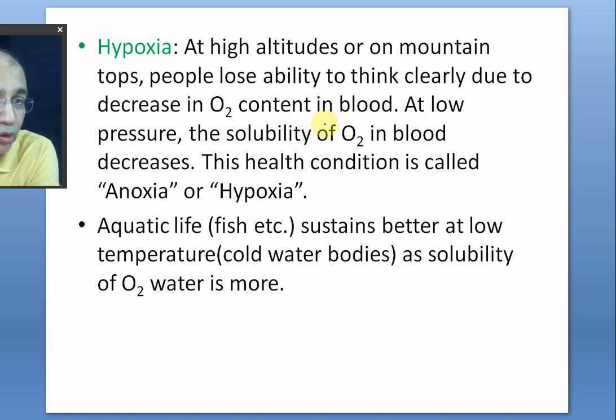More oxygen will go out because the solubility is directly proportional to pressure. Lesser pressure, lesser oxygen content, and low oxygen content in the blood develops a health condition called hypoxia, or anoxia, where one loses the ability to think properly. And aquatic life, fish and other aquatic animals, sustain better at low temperature, cold climate conditions, as the solubility of oxygen is more.